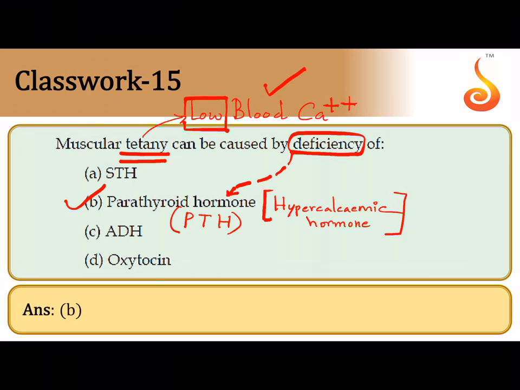Now, just for you to remember, find out and write down the answer somewhere: which is the hormone responsible for bringing down the blood calcium level. I called parathormone a hypercalcemic hormone because it increases your blood calcium level. Your job is to find out which hormone brings down the blood calcium level. We can call that X hormone the hypocalcemic hormone. So which is the hypocalcemic hormone, you will find out.